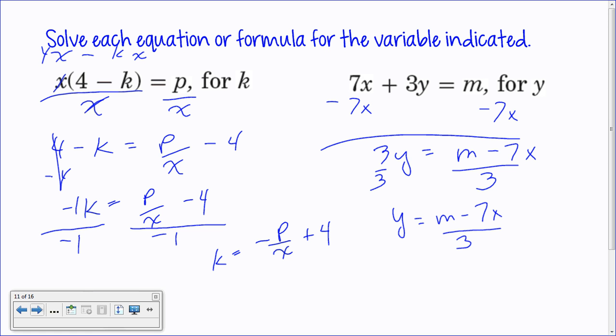Not 1. How? Wait, are you adding it or subtracting it? No, you shouldn't. Yeah, what's next? I want to isolate the variable, right?